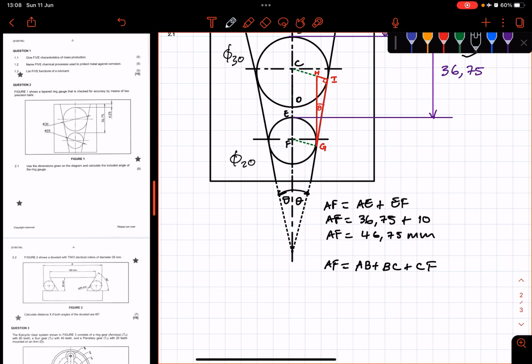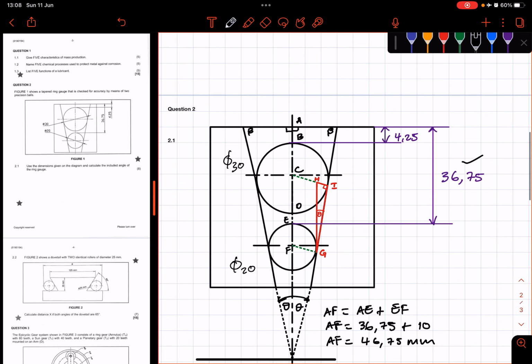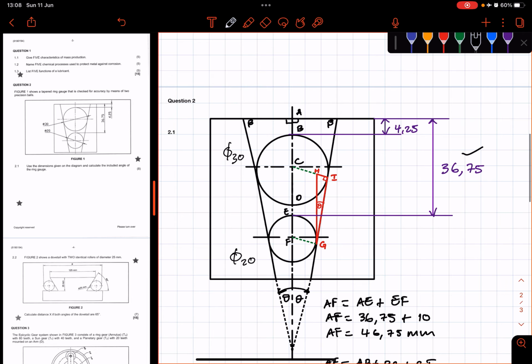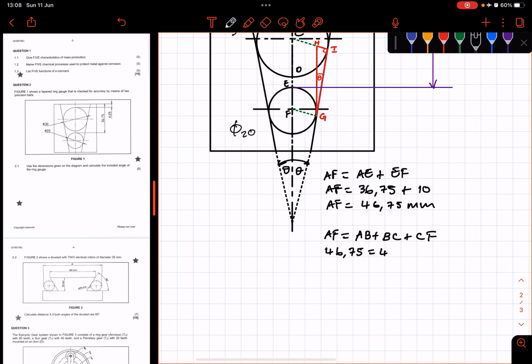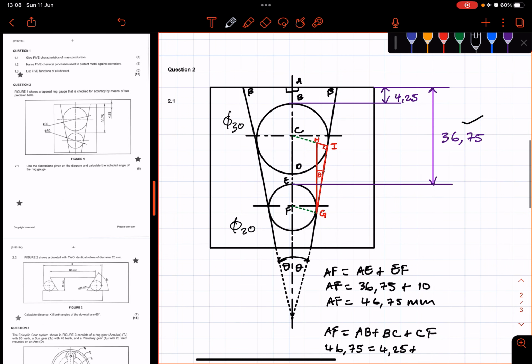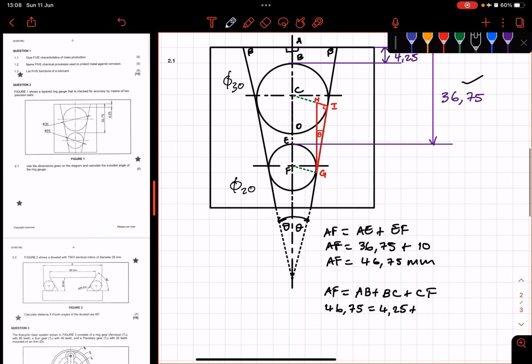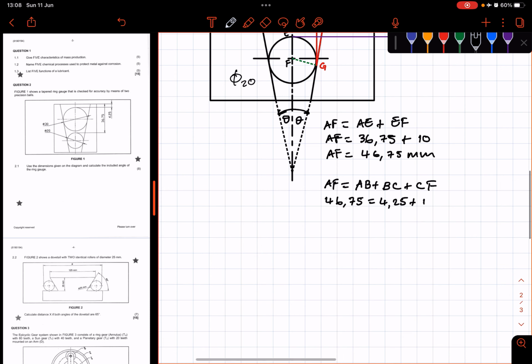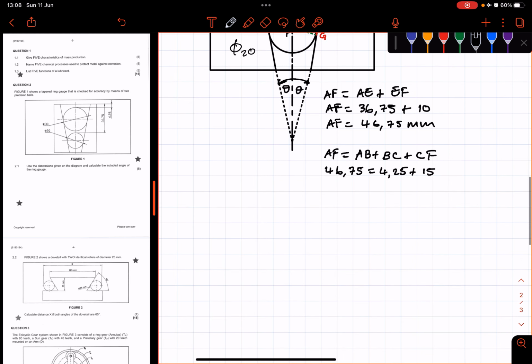Now, AF we've already calculated, and it is equal to 46.75. So 46.75 is equal to AB, and AB is equal to 4.25, plus BC, which is equal to the radius of the 30mm precision ball, so this is 15, plus the CF, which is what we're looking for.